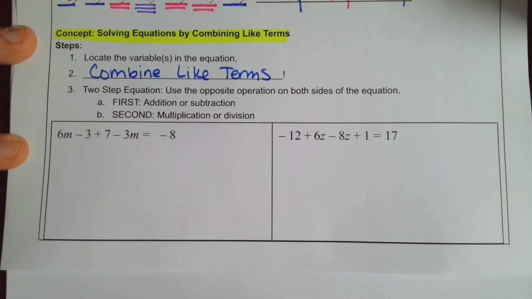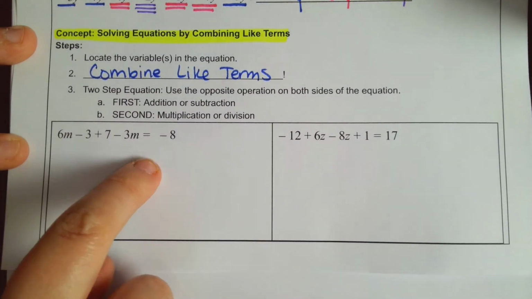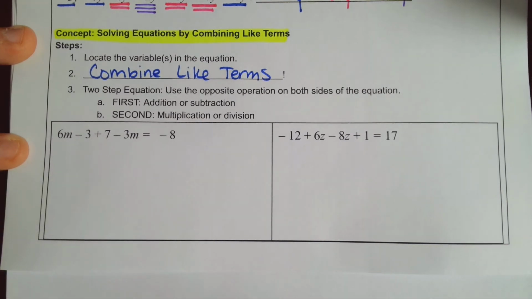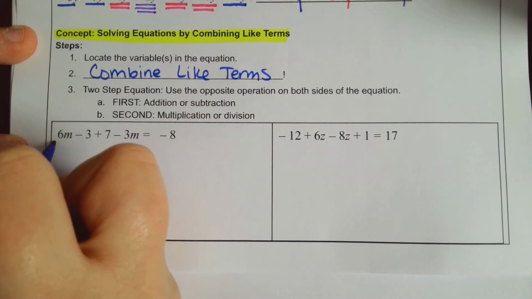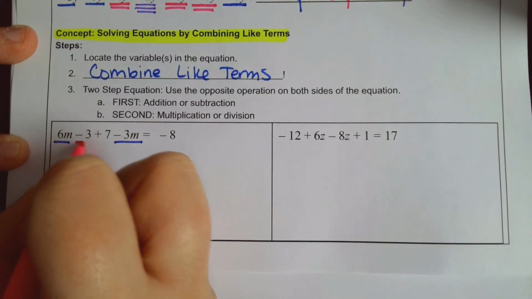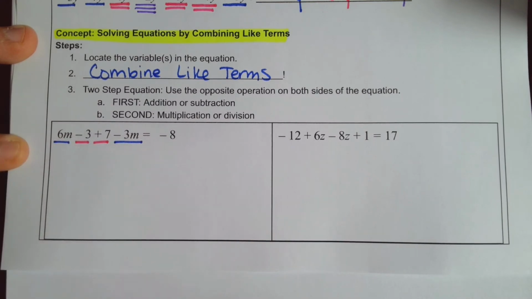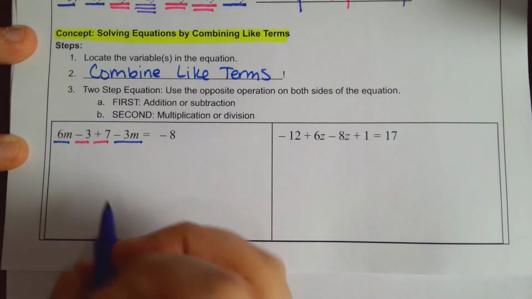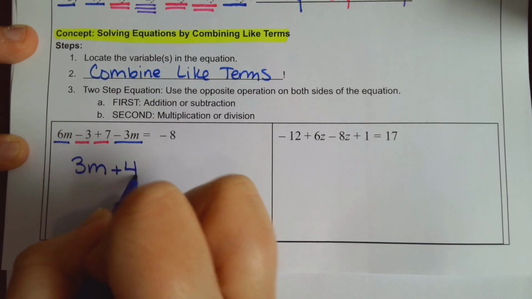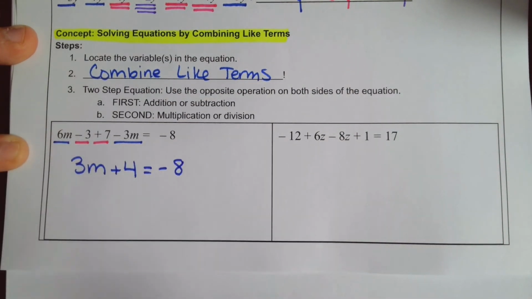So for this first one, as we can see, our m is our variable, but now we have like terms. So 6m goes with minus 3m, and negative 3 goes with positive 7. So we combine like terms first, which leaves us with 3m plus 4 is equal to negative 8.